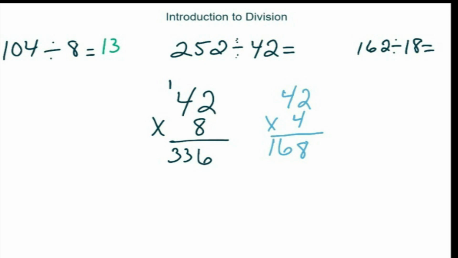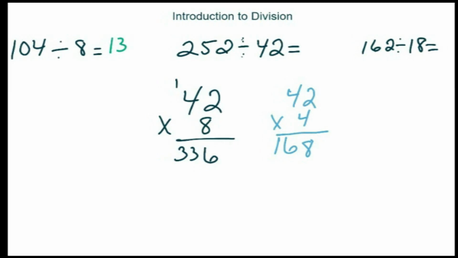So using 4 was too small of a number. 8 was too large of a number. So the number we have to multiply 42 by is in between 8 and 4. We have to keep multiplying until we get an answer of 252.